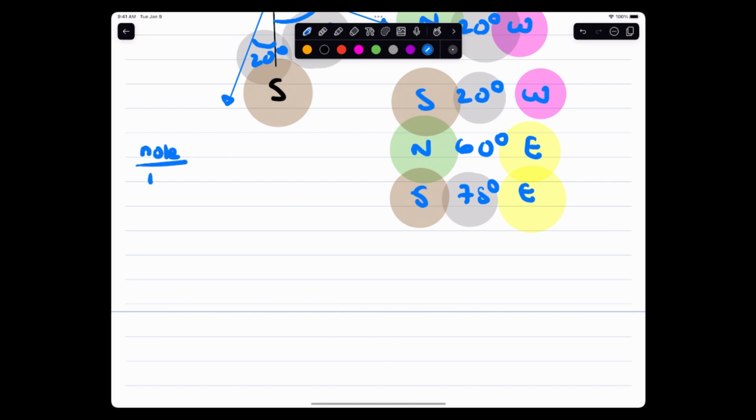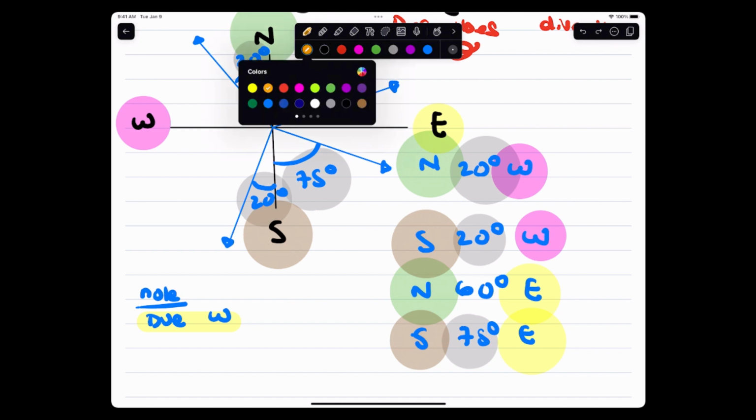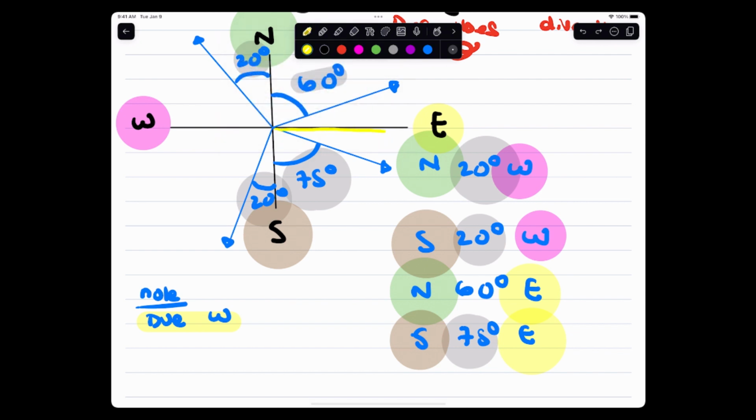What if you travel due west? What do you think due west means? You're just going where? In that direction. You're just moving to the what? To the west. You're moving to the right.